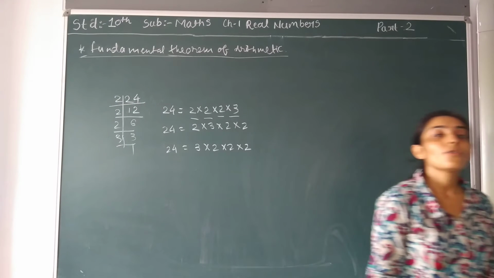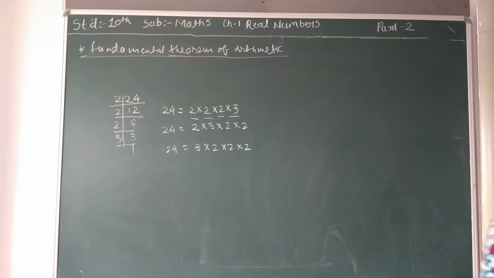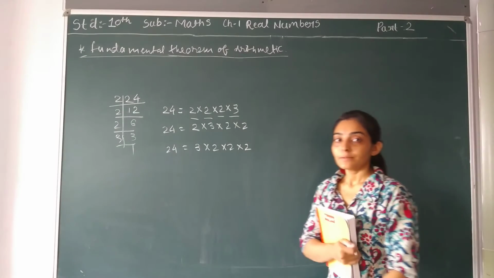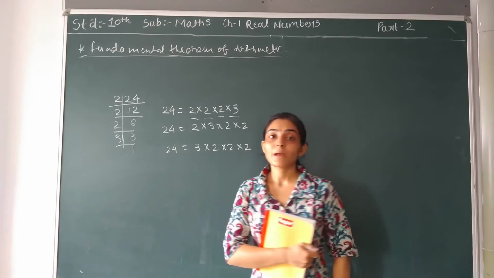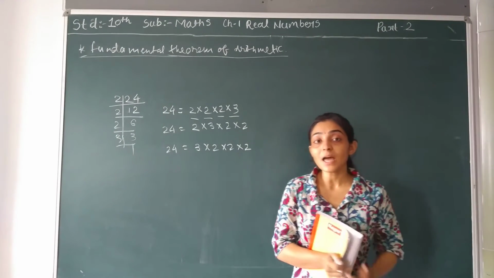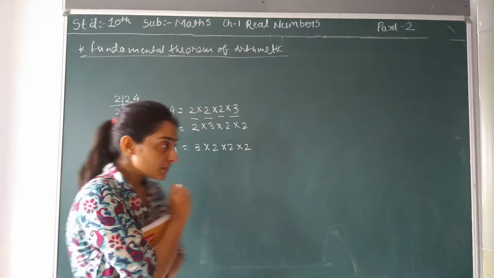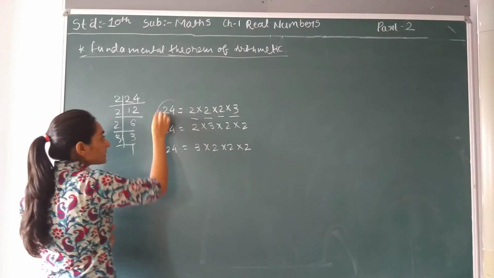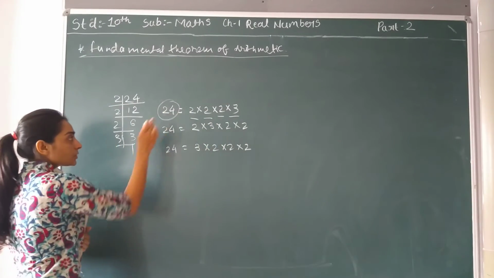Okay, it's in the form of prime factors. And the second thing you have observed is that the prime factorization of numbers is unique. Here I have taken 24.